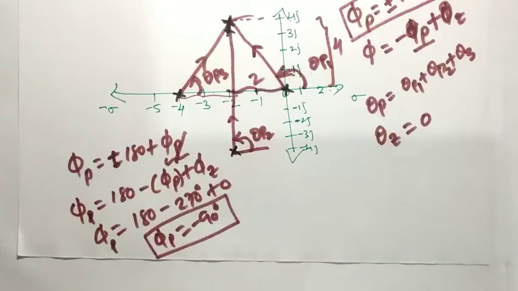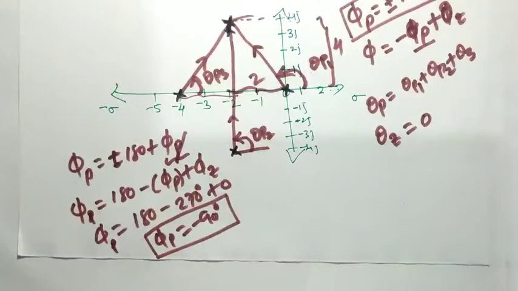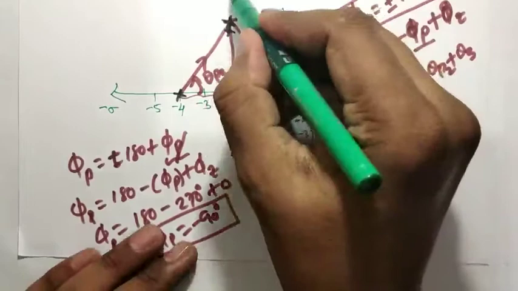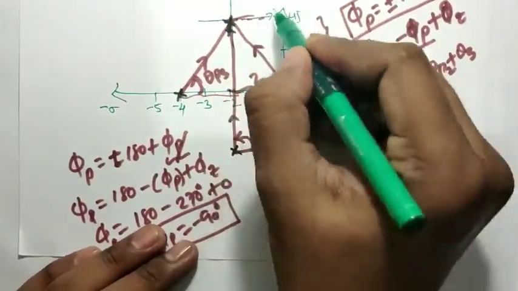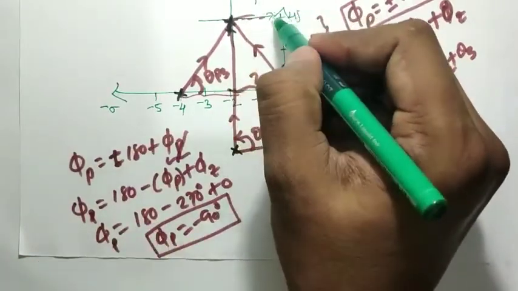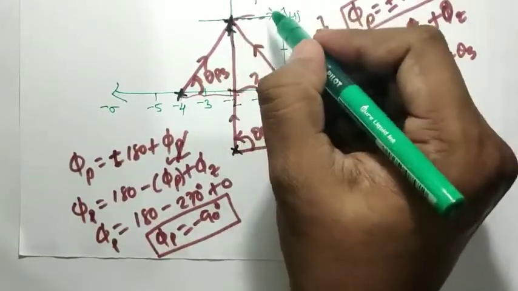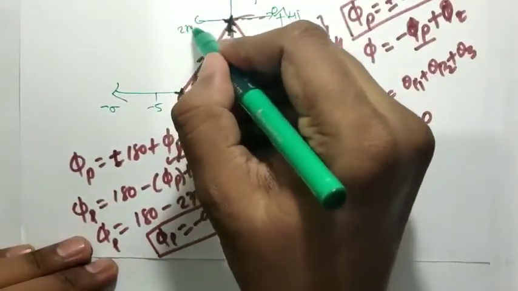So from this point, just draw coordinates here. I'm just going to write the coordinates. In this direction, 0, 90, 270 like this.